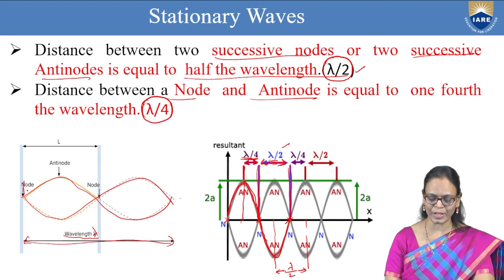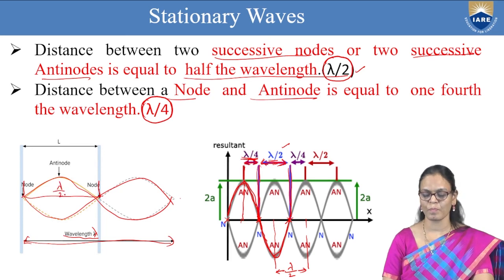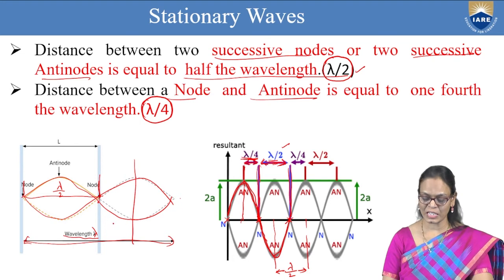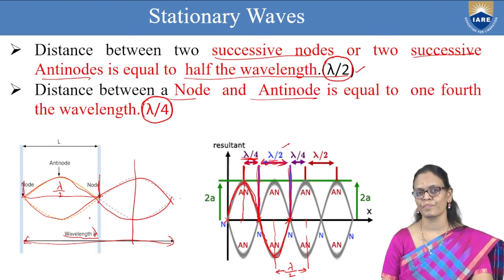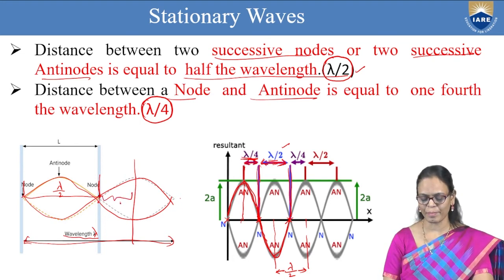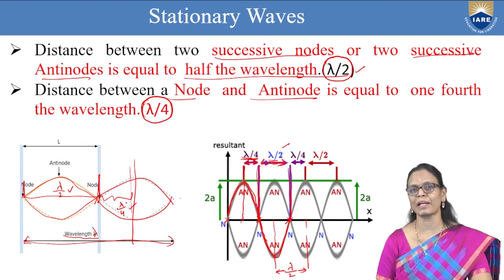Now if I take between node and node, it is only half of the wave. So this will be lambda by 2. Now if I take between a node and an antinode, this is half of half. So this will be lambda by 4. So between two nodes, it is lambda by 2. And between a node and an antinode, it is lambda by 4.